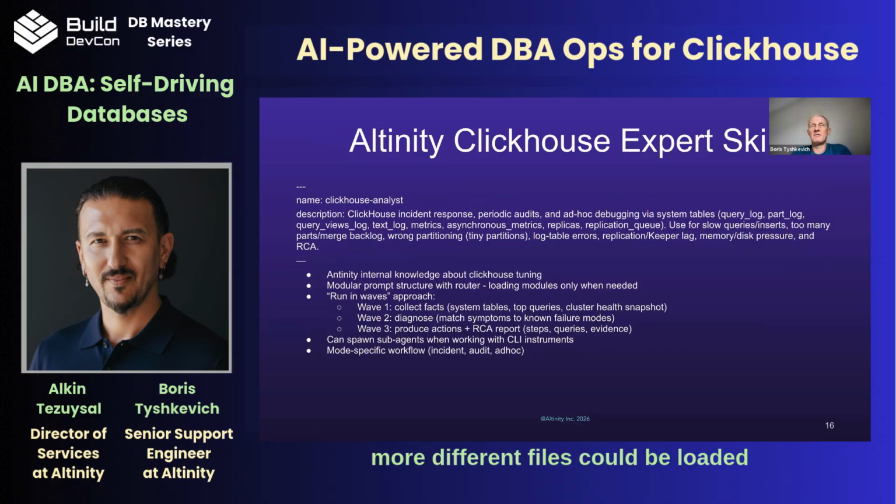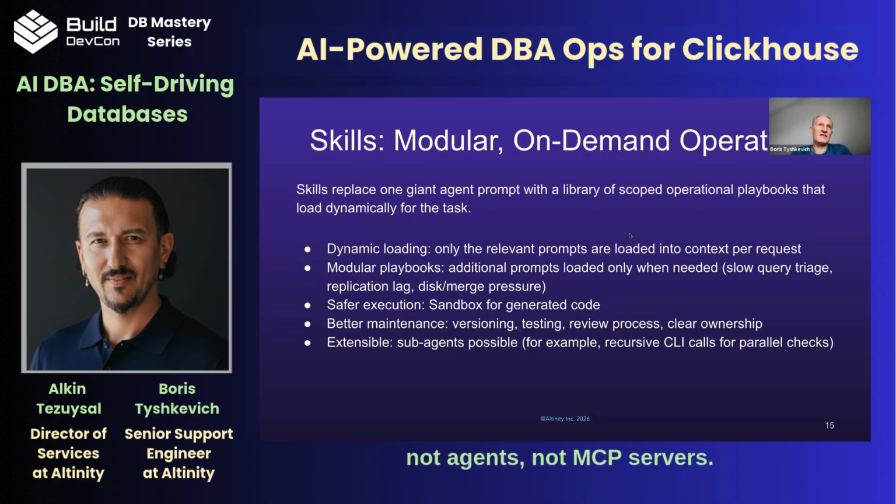If needed, more files could be loaded from the skill directory, even scripts, script examples, or maybe run scripts in a sandbox, and so on. So that is a different way, not used before, and not against MCP servers. It's a new world, and we decided to use it for our architecture.